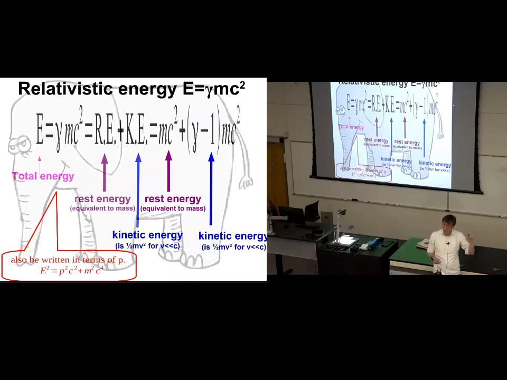That's the energy associated with the movement of the particle, or the motion of the mouse, or the motion of the elephant. So here we're breaking out the total energy of a particle into something that is always present, omnipresent, even when the object is at rest, rest energy, that's a new thing, and a more familiar thing, energy that's associated with the motion of the particle or the elephant or the mouse, that's the kinetic energy.